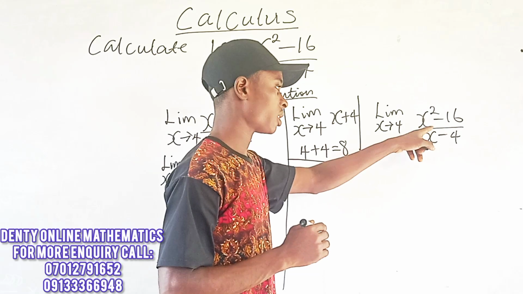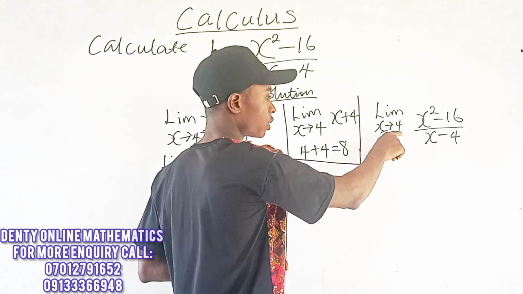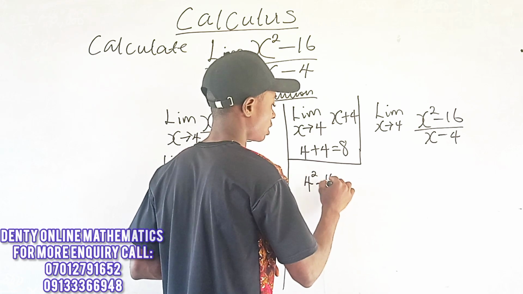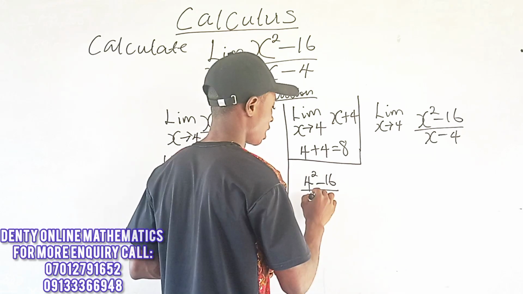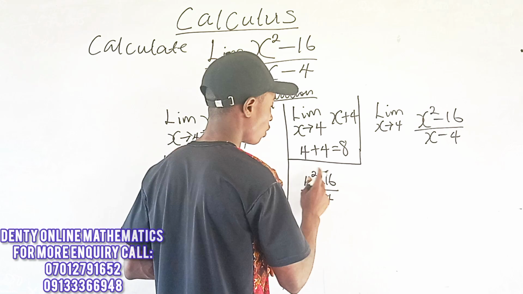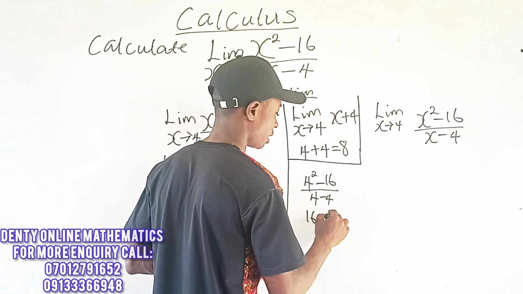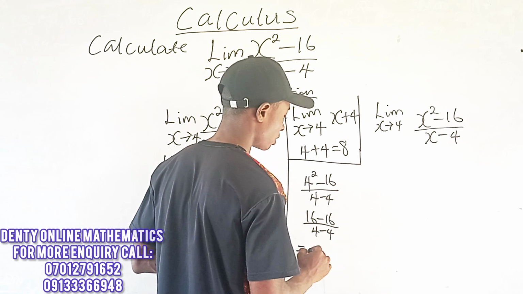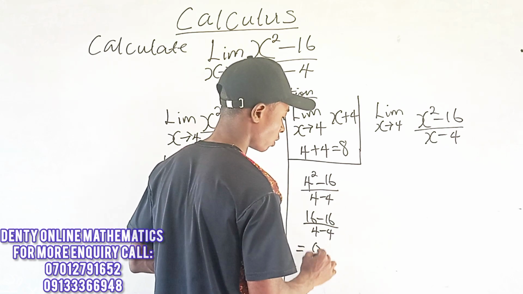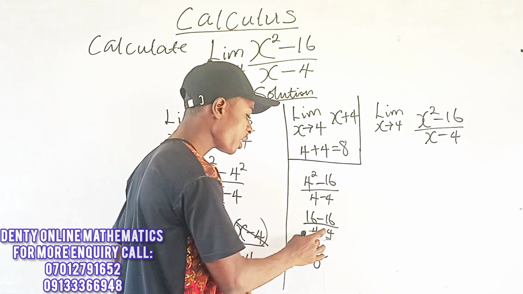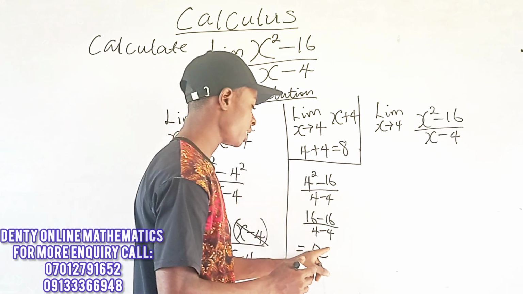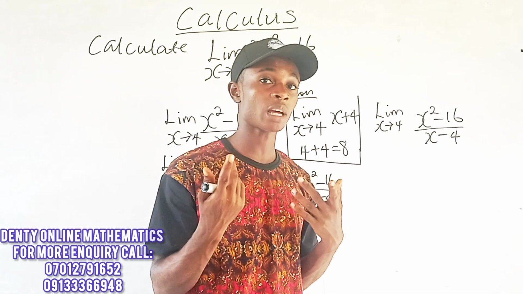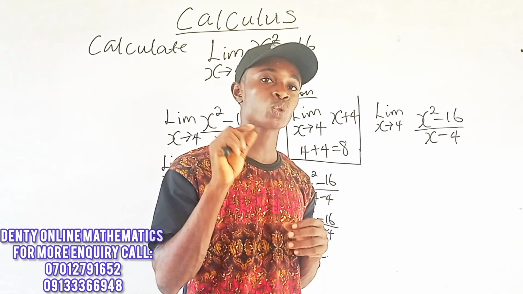If we substitute the value of x, which is 4, we have 4 squared minus 16 all over 4 minus 4. Then 4 squared is 16, so 16 minus 16 all over 4 minus 4. Now, 16 minus 16 is 0, and 4 minus 4 is 0. Any value divided by 0 is undefined, or indeterminate. That means it doesn't have an actual value.